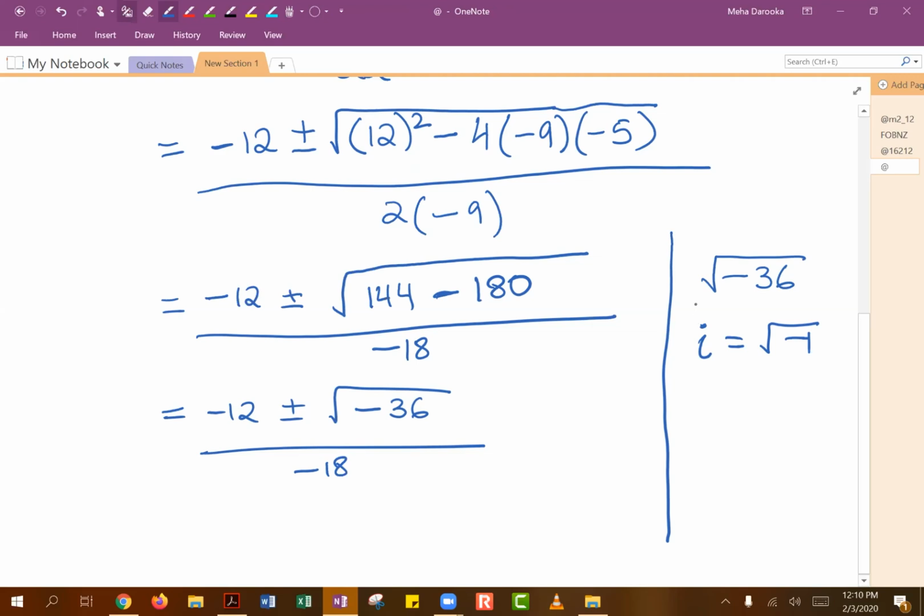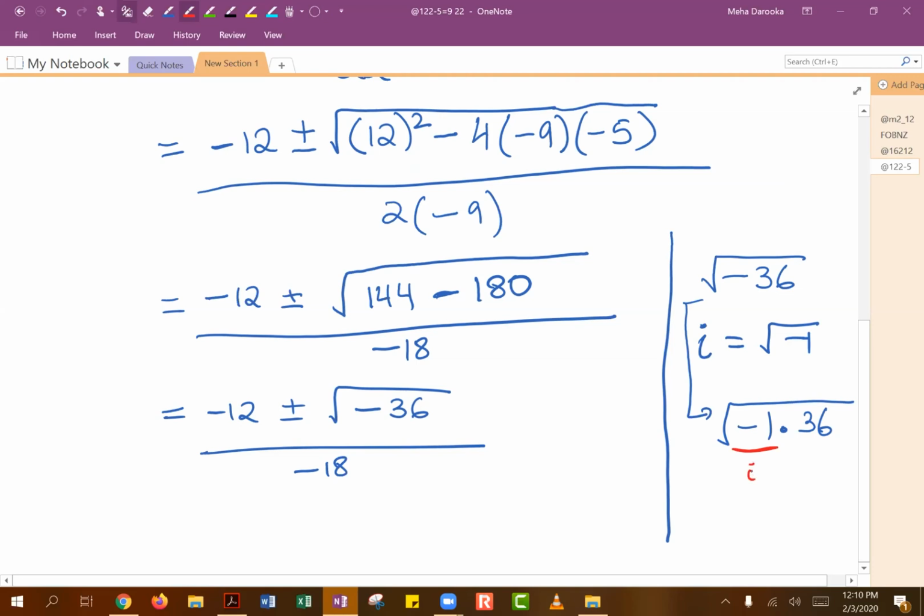So you can take that square root of -36 and write it as square root of -1 times 36. So the -1 can now be defined as i, and you can make that 36 into a positive number if you use that definition.